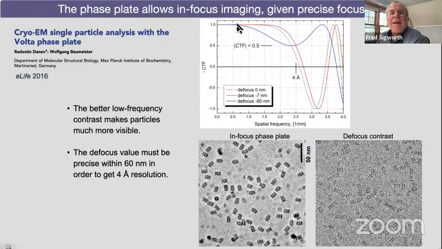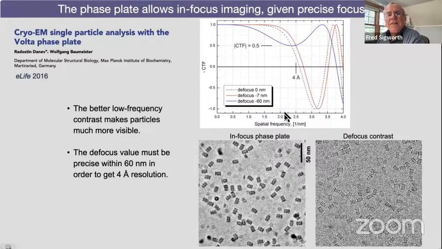And so this is minus CTF plotted as a function of spatial frequency, and this cosine CTF is perfectly flat until spherical aberration takes over and it starts to oscillate.